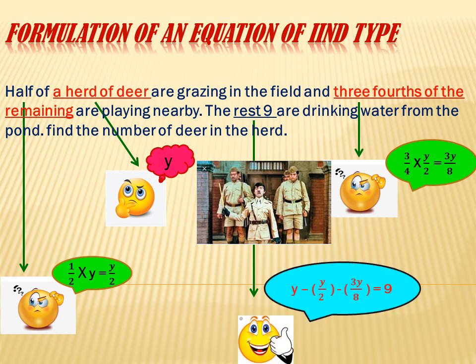That means total y minus number of deer which are grazing, that is y by 2, again minus number of deer that are playing nearby, that is 3y by 8, it will give you 9. And yes, by this we have formulated an equation by converting it into mathematical language. I hope you have understood, and you are going to solve each and every word problem by using this technique. Okay, students?